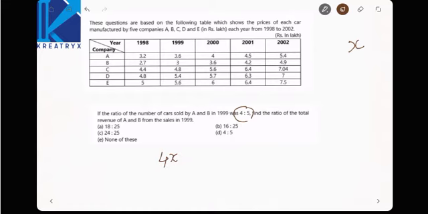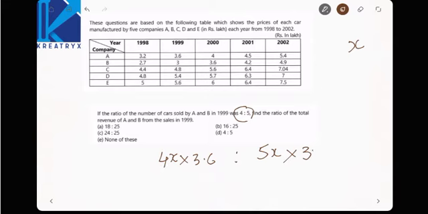Now how many cars were sold by B? 5x in 1999. Now each car rate of A in 99, what is it? 3.6. Now each car rate of B in 99 was 3. Is it 3? Yes, 3. Am I right?